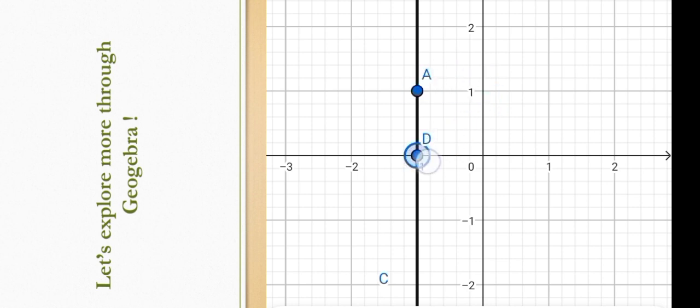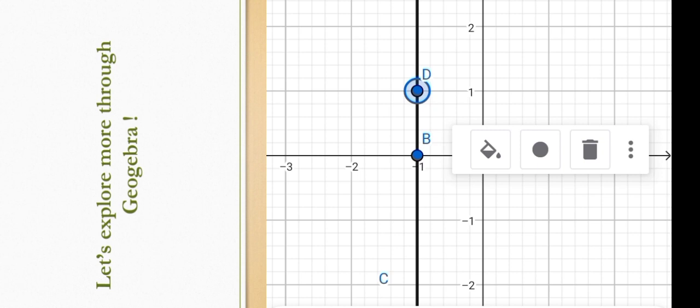And that movement will be utilized as our rise. So since there's no movement going to the right or to the left, then we have 1 divided by 0, and 1 divided by 0 is undefined. So this line creates an undefined slope. So that would be our third example.